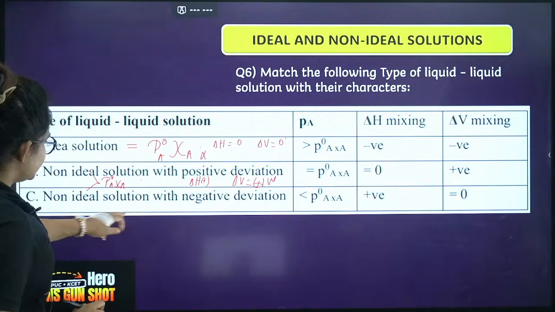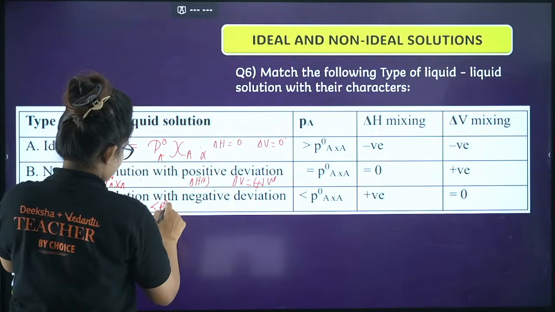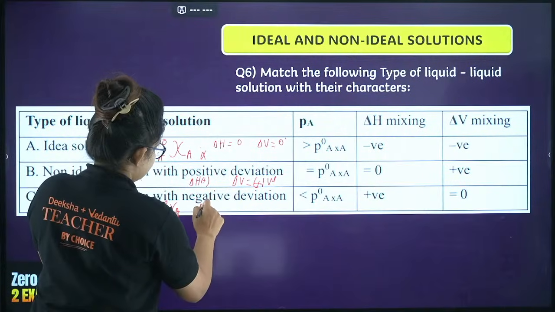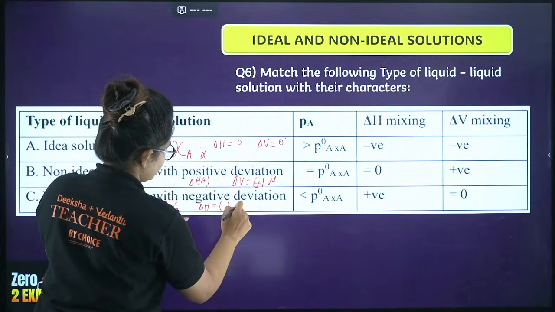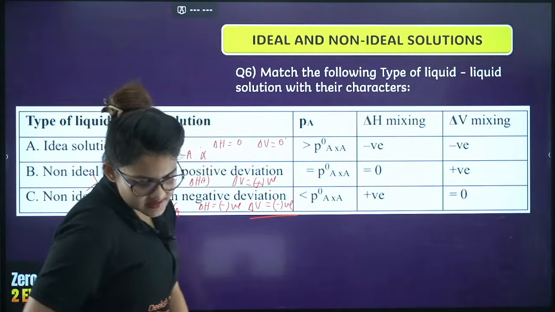Now for the non-ideal negative deviation, P is less than P0A of XA, that is delta H is negative and delta V is also negative. Okay, I guess it's clear.